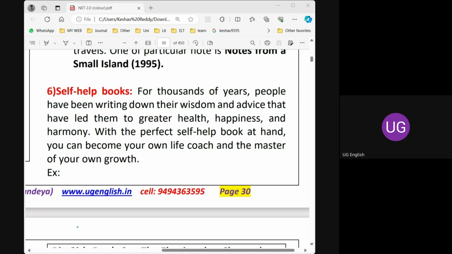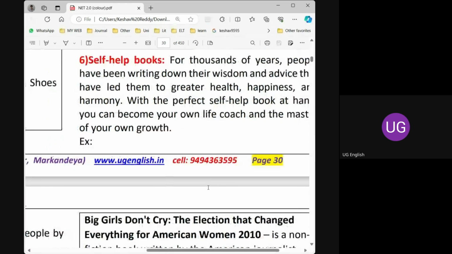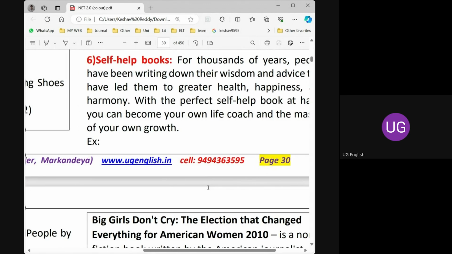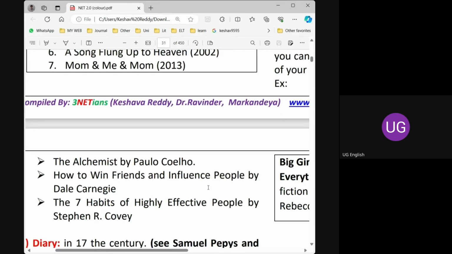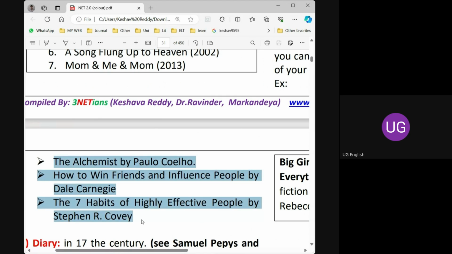And self-help books are very famous nowadays. If you read these self-help books, it will help us a lot to shape our personality and to focus on the problems. So I have listed some important books. These are my favorite books.